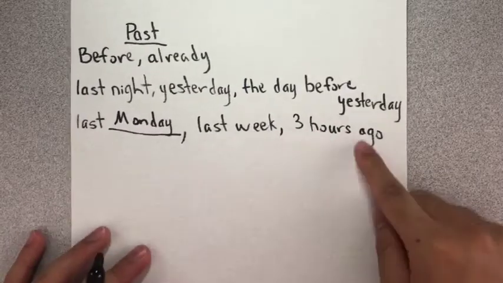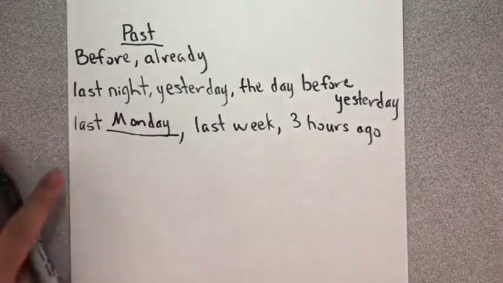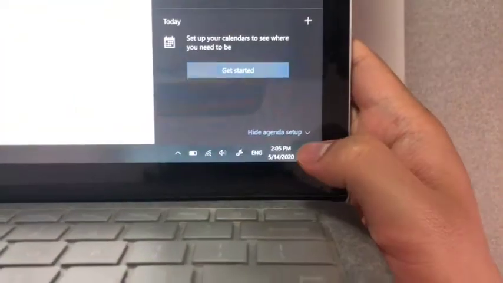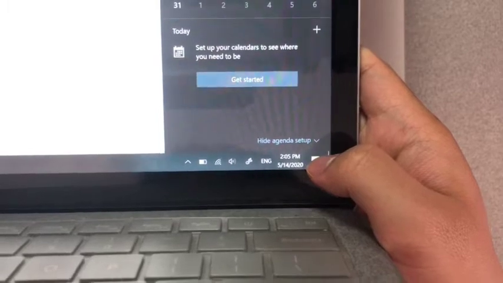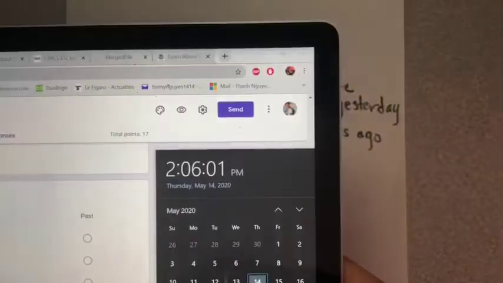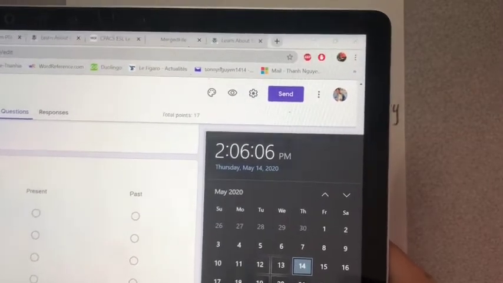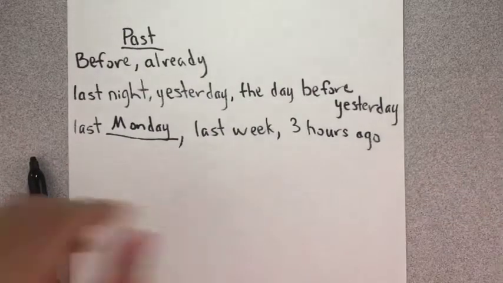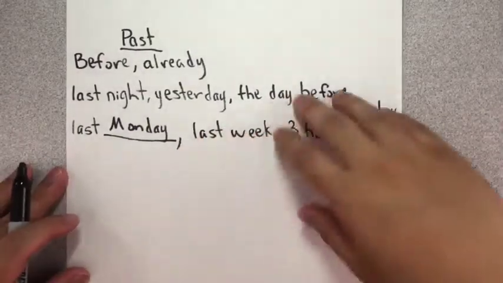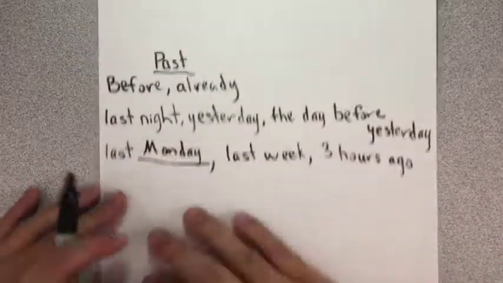Last week. 3 hours ago is in the past. So right now it is 2 o'clock, 2 p.m. So 2 in the afternoon. 3 hours ago is 11 a.m. 11 in the morning is 3 hours ago. So all of these words are words about the past.